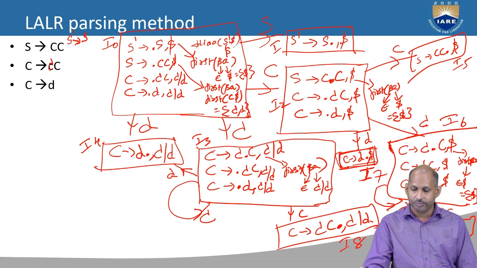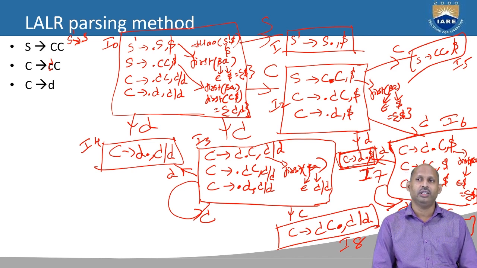Now here I6 on D goes to I7. Right? Then I7, I7 has the dot at the end.